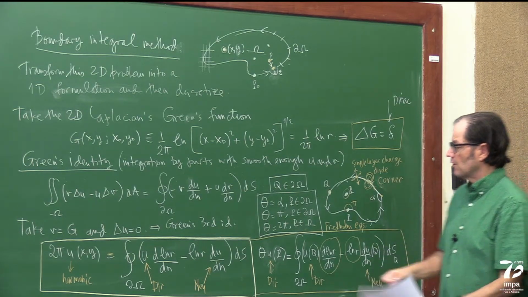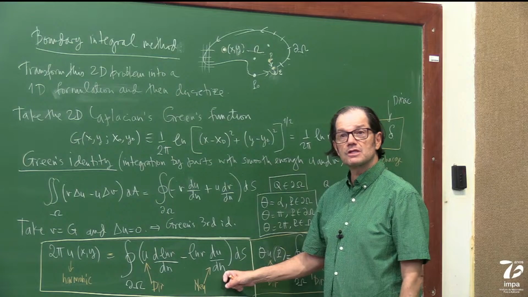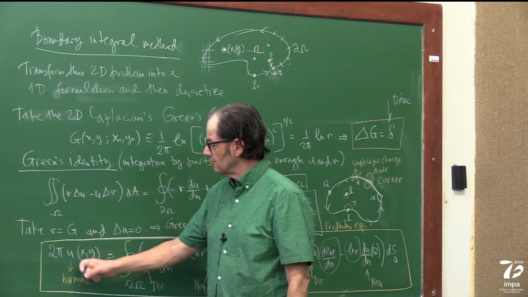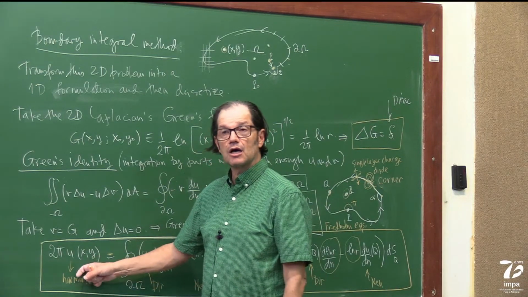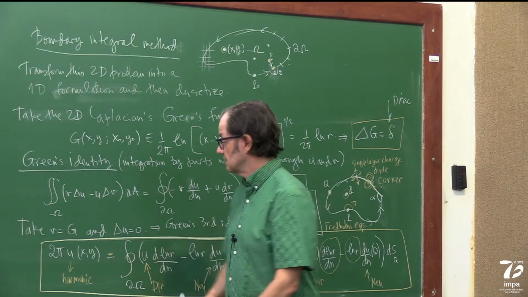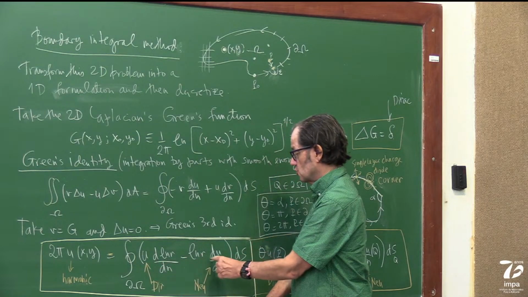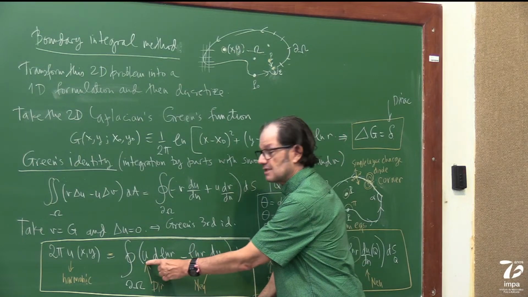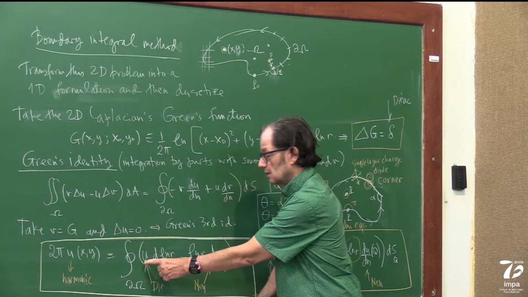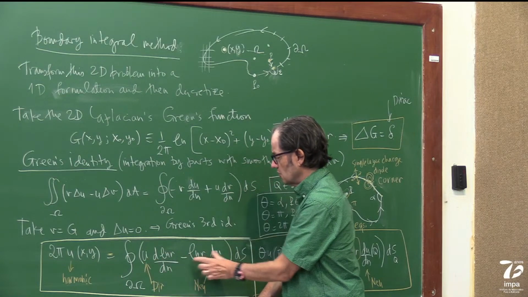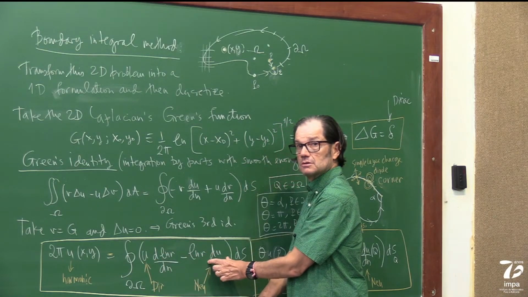Okay? So therefore, here, if we go back to this formula, where we have the harmonic function inside, the harmonic function inside is given as a superposition of charges and dipoles. Okay? The intensity of the charge is given by this function. Right?